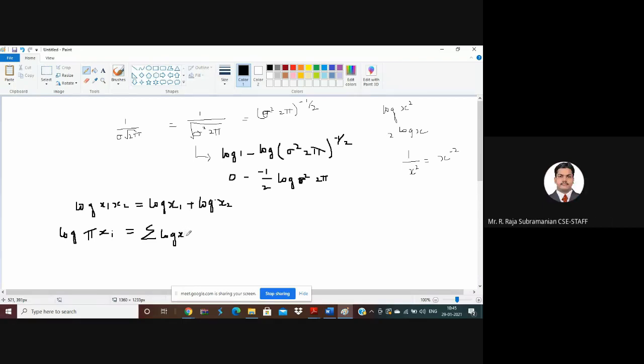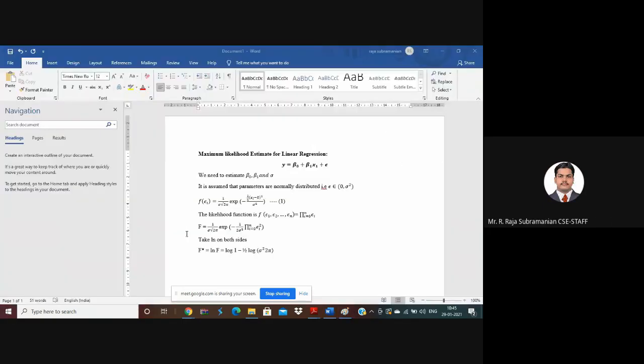So now can you say how this particular term can be written? This particular term alone, product of i equal to 0 to n sigma i square. If I take log for this, what will come? Summation of log, sir. Yes, summation of i equal to 0 to n log sigma i, right?